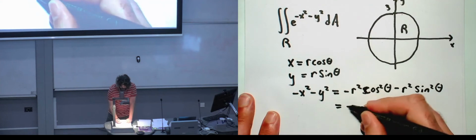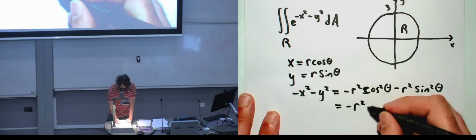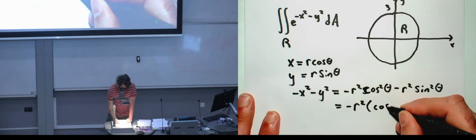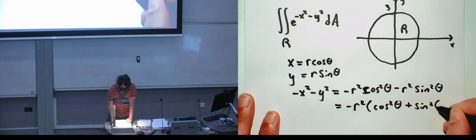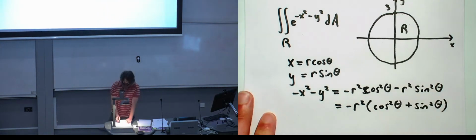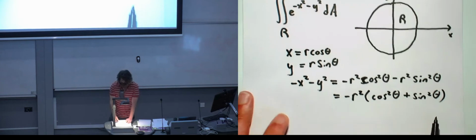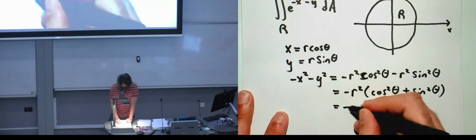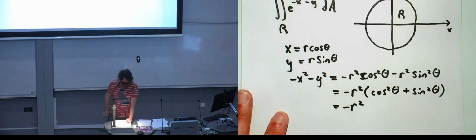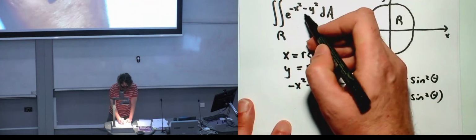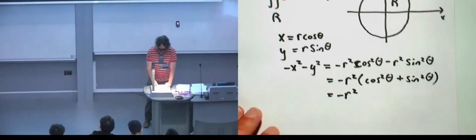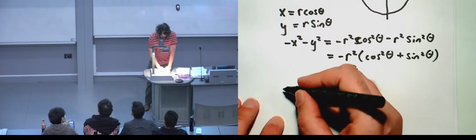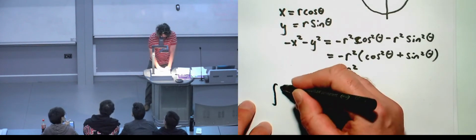Then you can factor negative r squared out. So this is negative r squared times cosine squared plus sine squared, which is equal to 1 by the Pythagorean identity. So negative r squared. And so e to the negative x squared minus y squared is e to the negative r squared. Okay? Let's do this integral in polar coordinates.